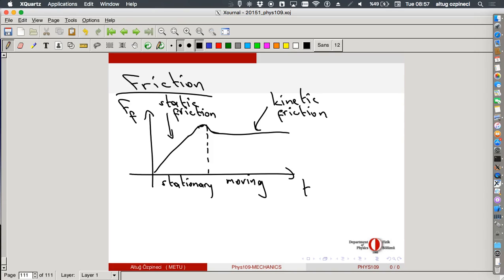Opposite direction of the motion. What direction of force? Opposite direction of the force. Opposite force, but there can be some other forces also. I would say just one force, one push force.